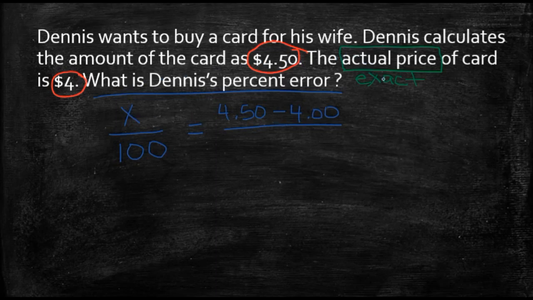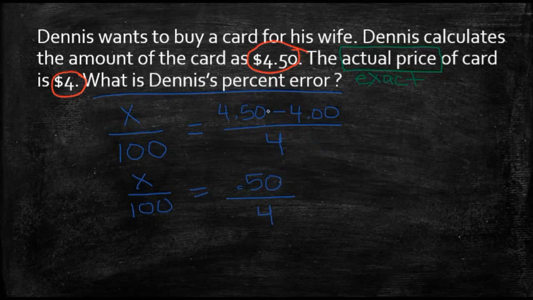So the actual or exact price of the card was $4. After you subtract, on the top, you're subtracting $4 from $4.50, excuse me. So then you're going to have 0.50, and then that's going to be over 4.